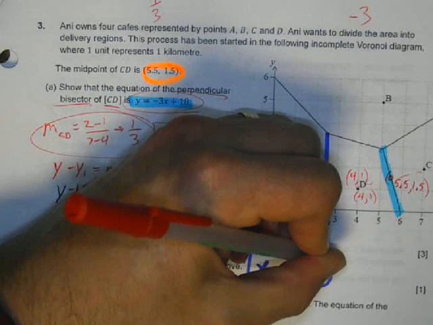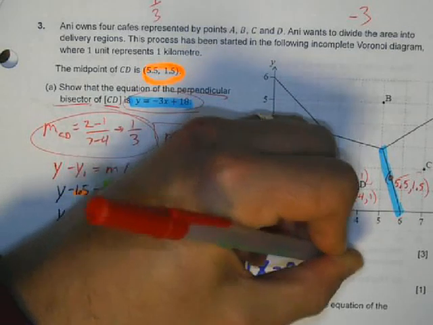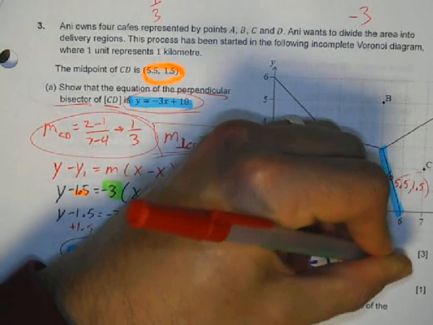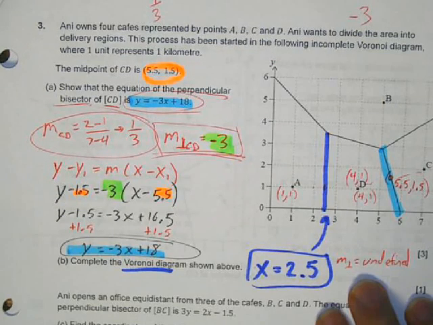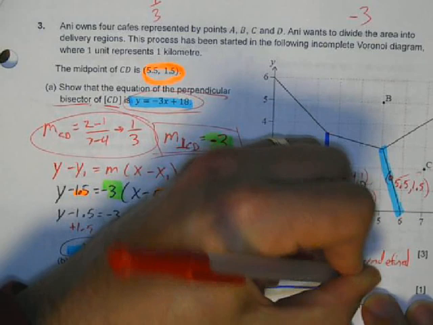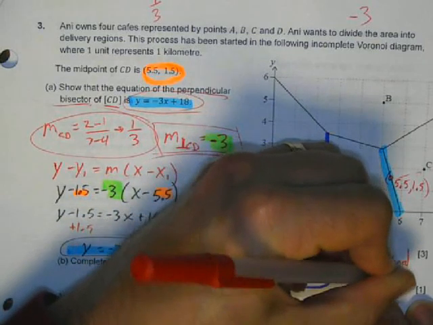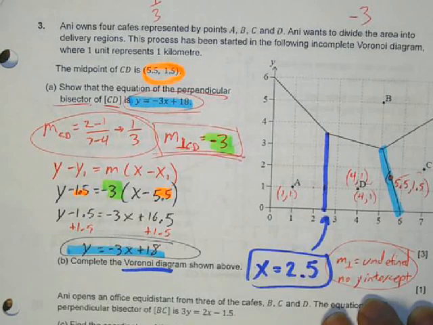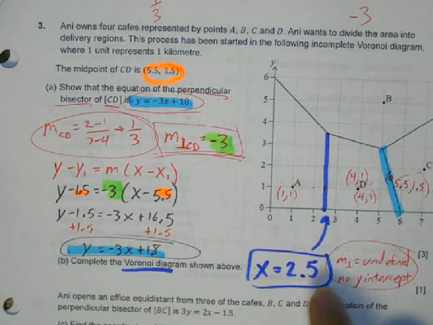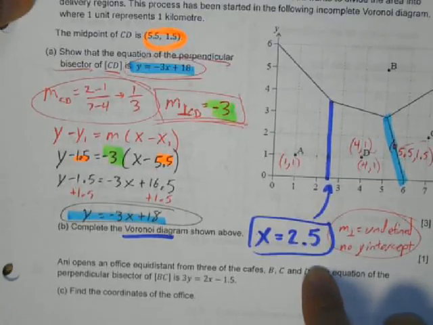Since the slope is undefined, that means there's no y-intercept. So many people in class don't seem to get the idea that the equation of the vertical line is x equals 2.5. I hope you make a special note if you were not able to do that on the individual test.